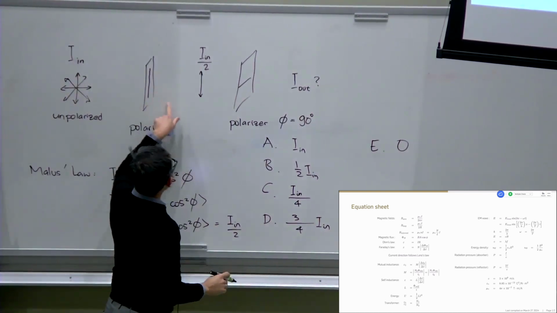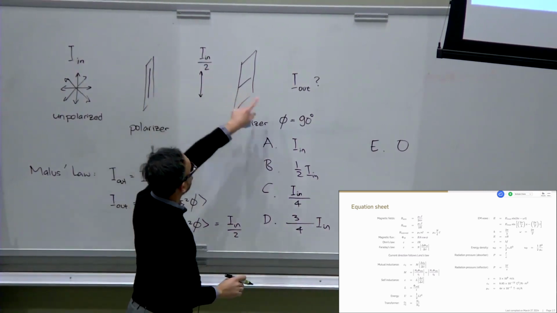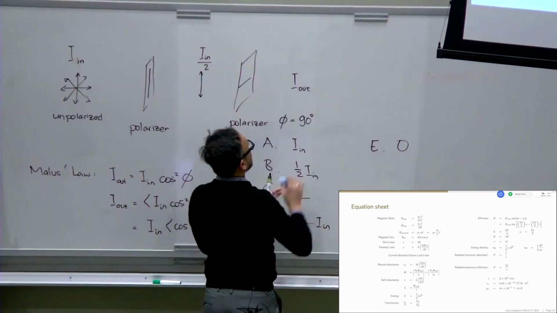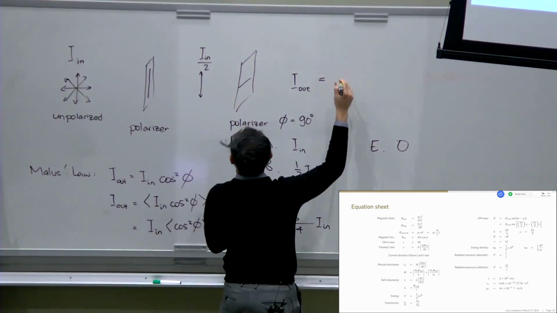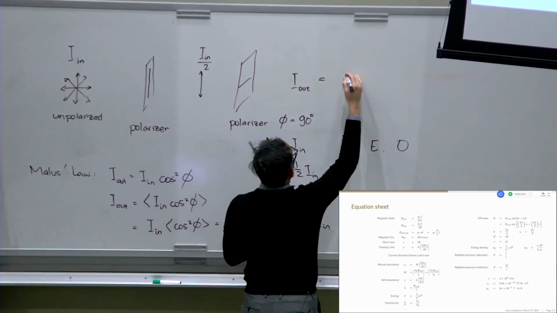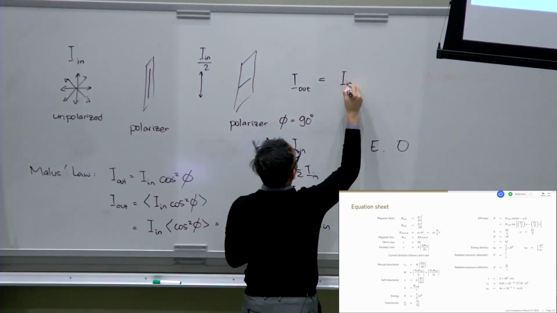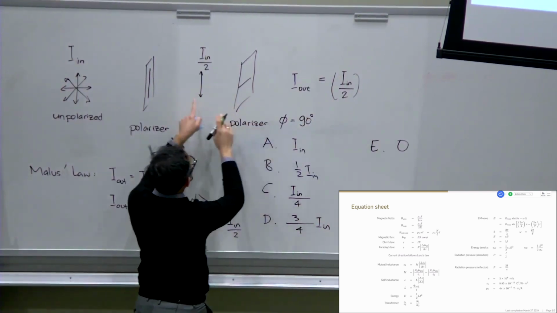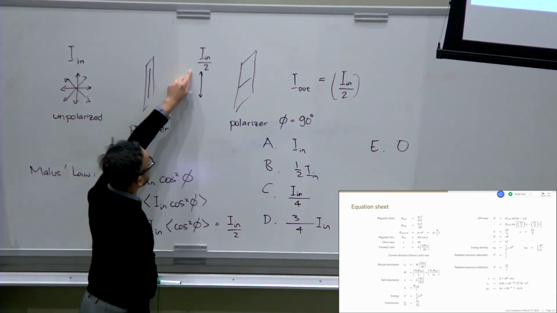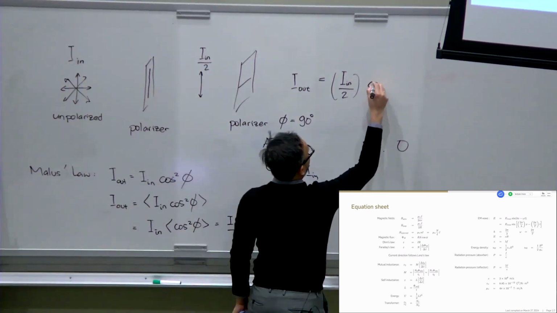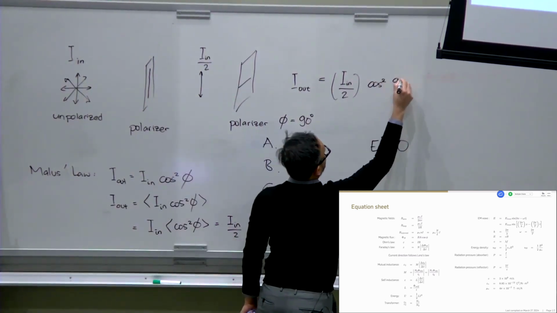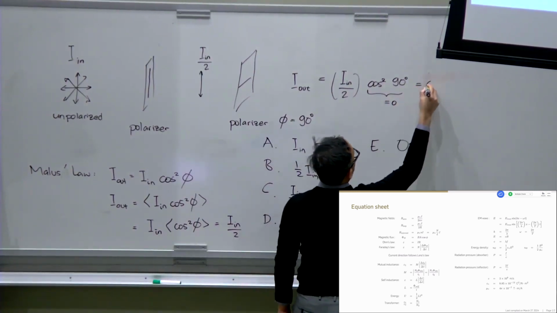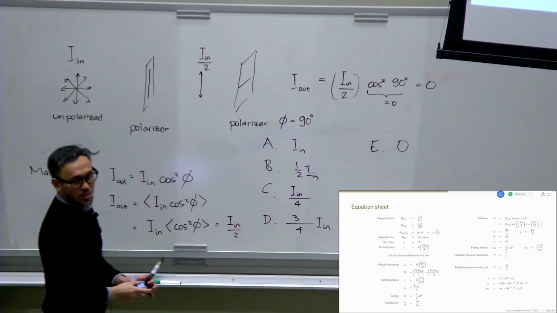And then after the first polarizer, it becomes half, I input divided by 2. So the input of the second polarizer is I input divided by 2 times cosine square of 90 degrees. And this one is equal to 0. So the intensity is equal to 0.